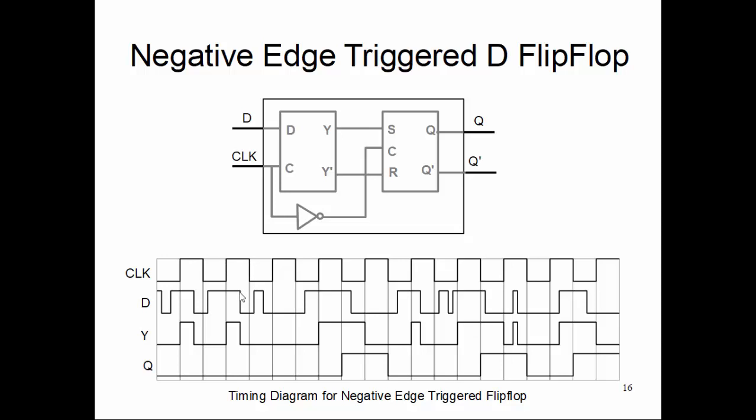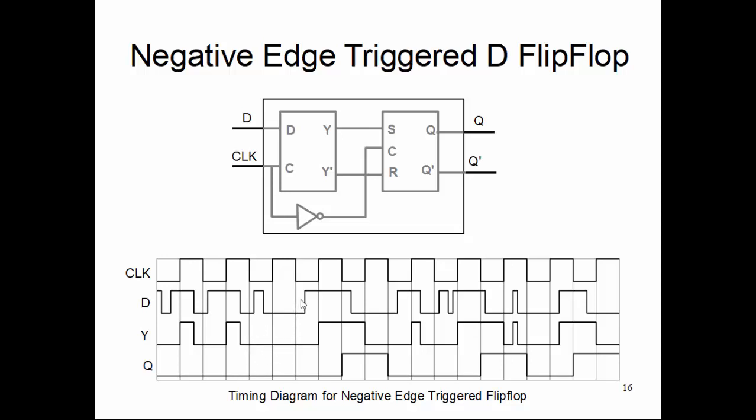So Y is staying at 0, and then sometimes D goes up when clock was 0, but clock also goes up. At that time your Y goes up, and then when the clock goes down, D is still up, so your Y is still up.